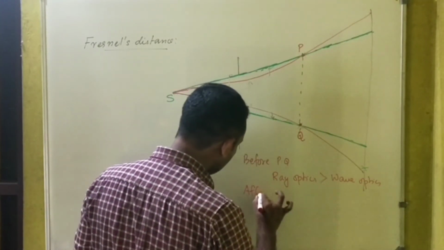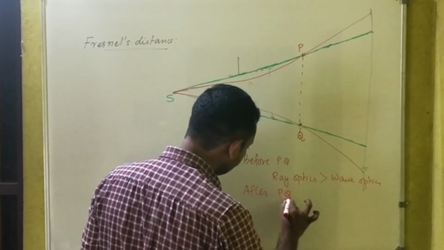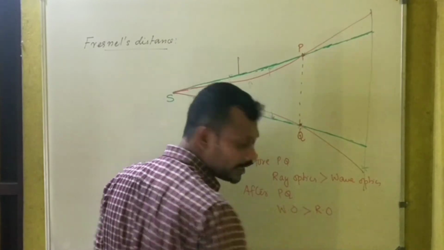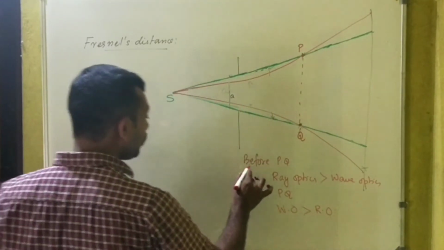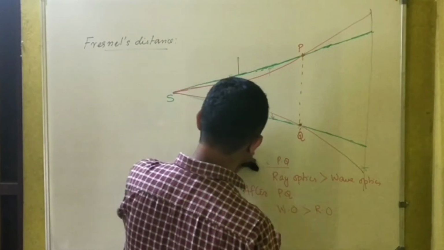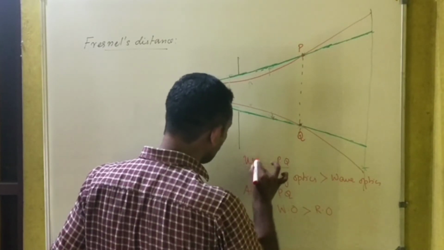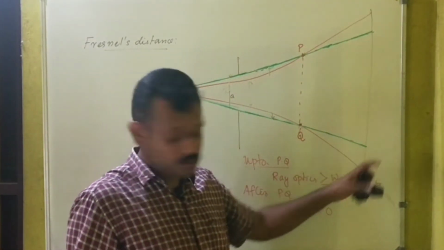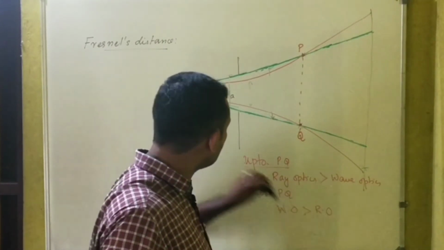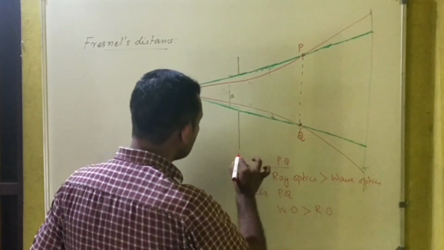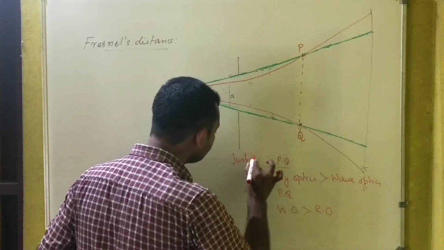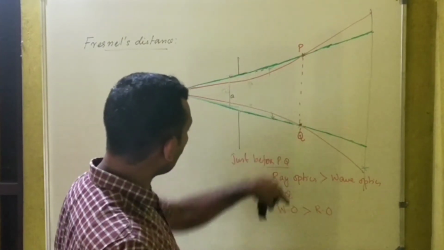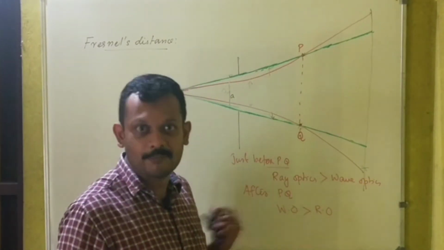After PQ, wave optics dominate over ray optics, correct? Just before PQ, ray optics dominates over wave optics, right?